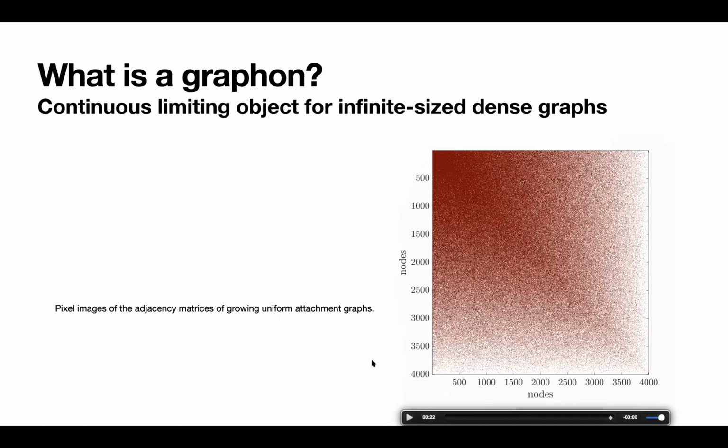If you then go to very large node sizes, the pixel which indicates each entry in the matrix gets smaller and smaller. And so you approximate some kind of continuous object. Of course, this is still a discrete object because each pixel is discrete, but it becomes almost like something continuous.